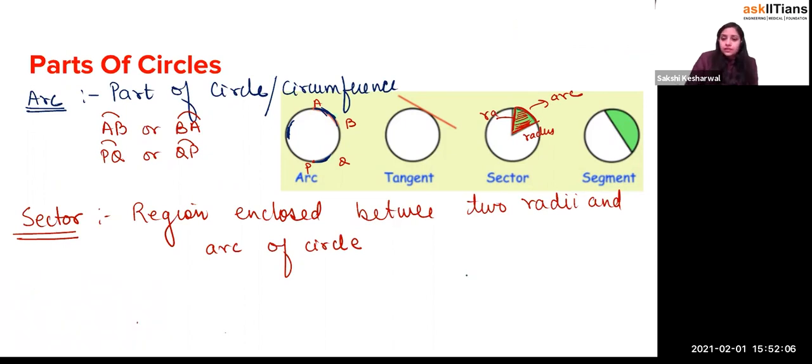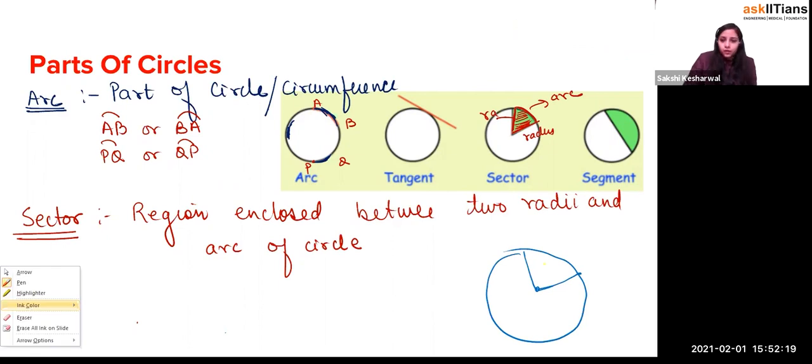If you draw a circle like over here, this is one sector. Yes or no? This is one sector because it is between the arc and the radii. And the other one will be this, right or not?